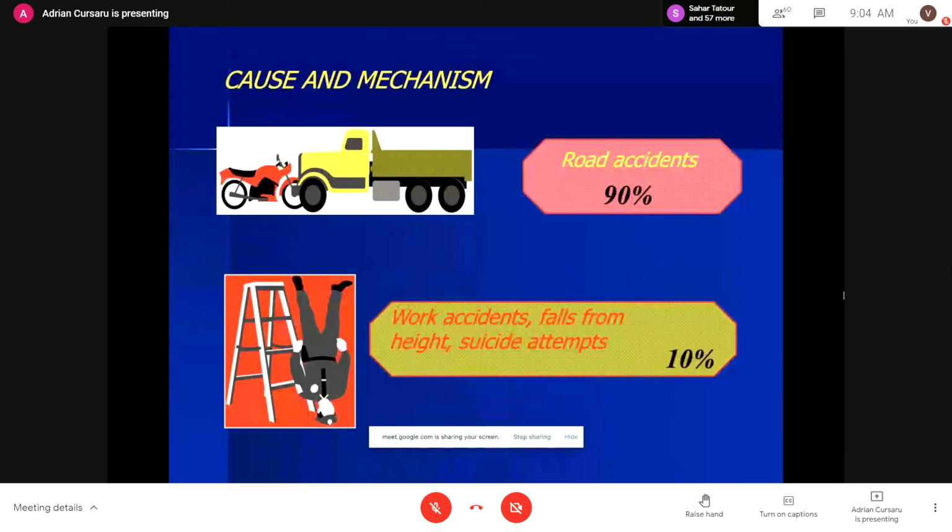In most cases, the most common mechanism of polytrauma is represented by road accidents. We have a high percentage for that type of mechanism. Other mechanisms are represented by work accidents, falls from height, and suicide attempts.